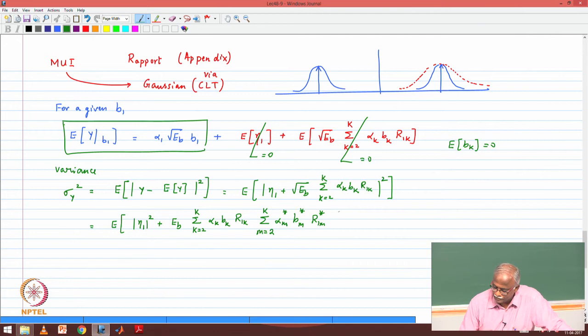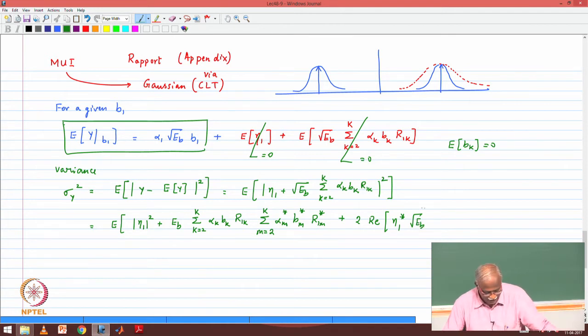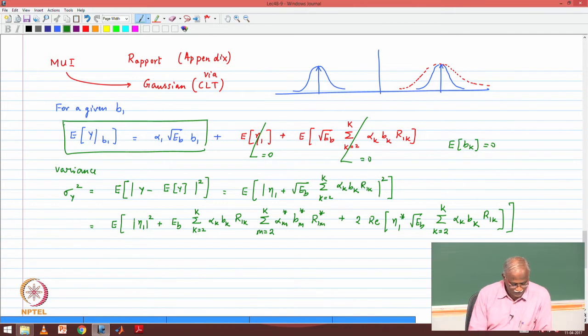Plus you have 2 times the real part of eta 1 conjugate root EB, again just expanding out this term, summation k equal to 2 to uppercase K alpha k bk r1k. And keep in mind that there is an expectation outside.